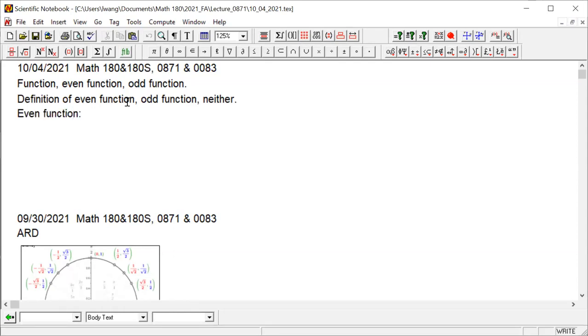Even function, of course we know that it has to be a function from the start, right? So we have a function here, right?